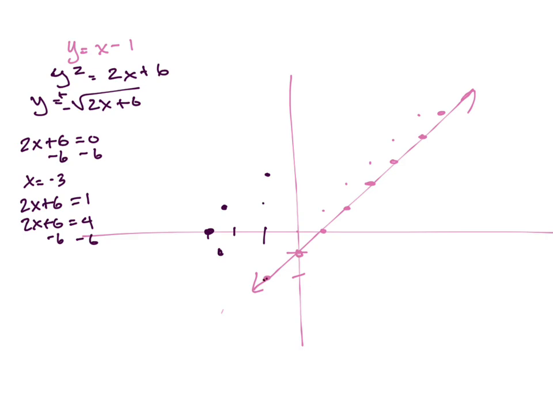We hit a dot on our line. If I let 2x plus 6 equal 9, I like to take the square root of 9. So at x equals 1.5, the output's 3.